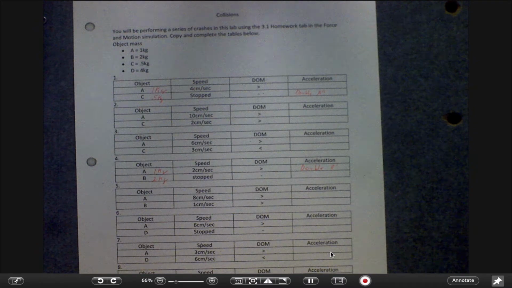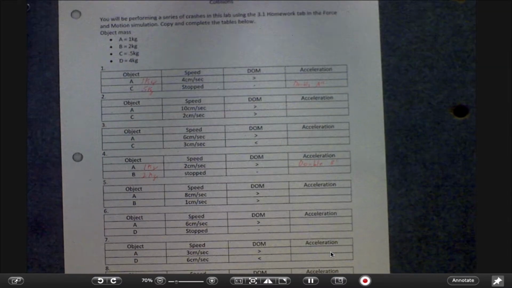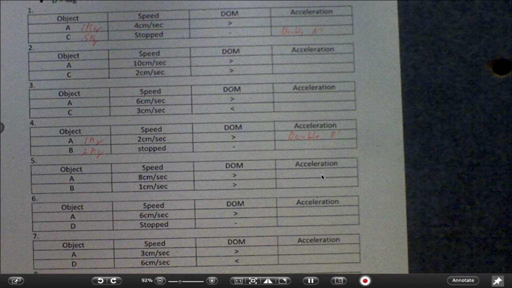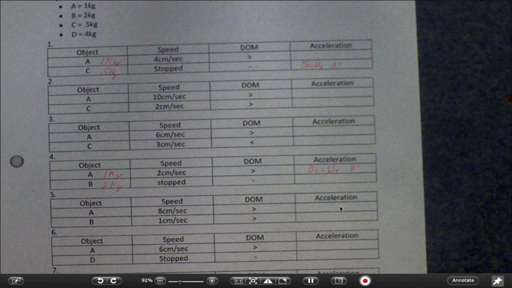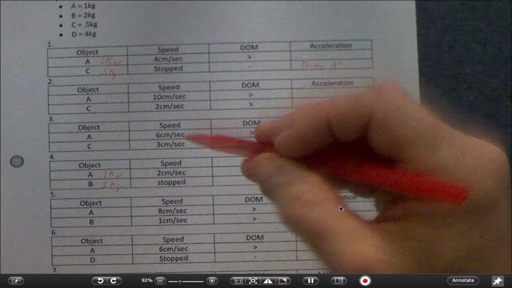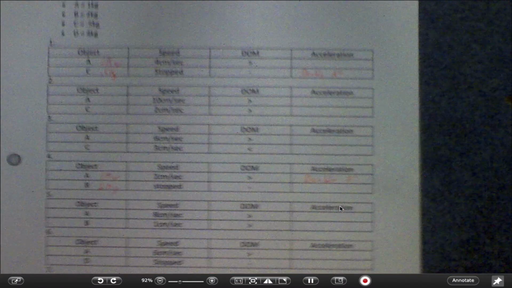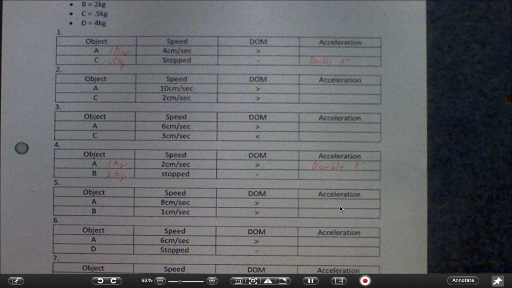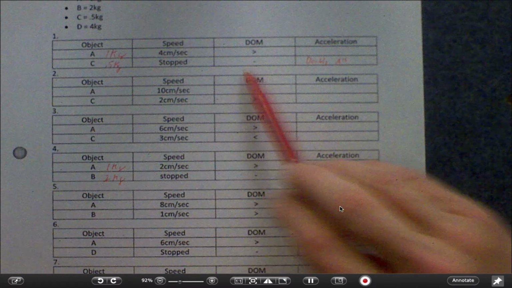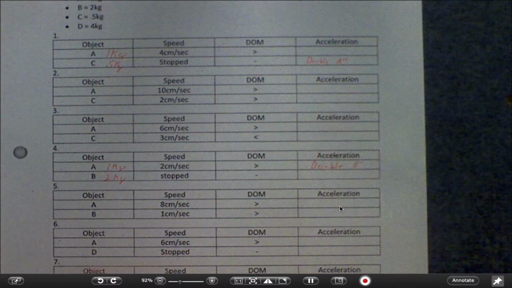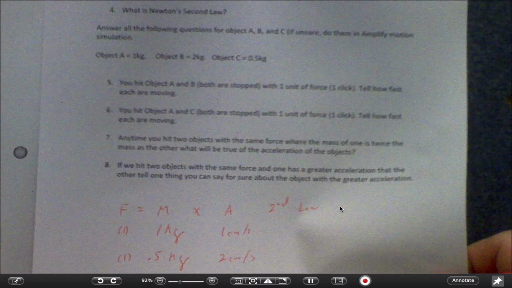Now what we found, I hope, on this collision, so let me get this a little bit closer so we can hopefully see it reasonably. The first three all used objects A and C, and C was half of the mass of A, and on this collision it had double the acceleration, just like here.